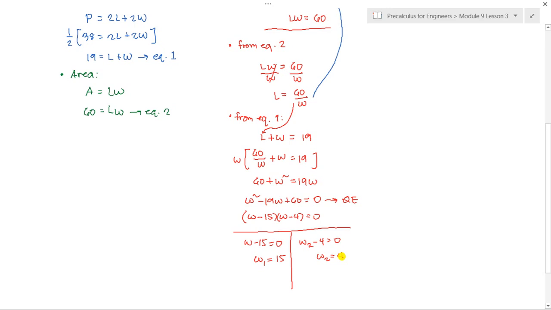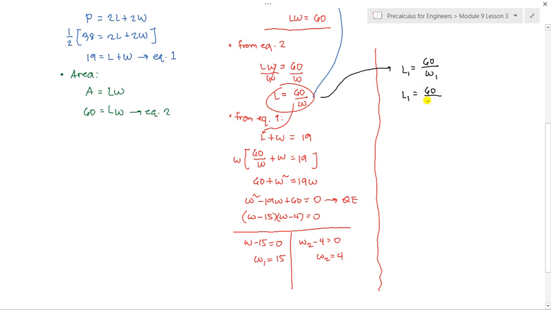So, since we have two values, we will substitute them into the expression for length. So, we have length 1 is equal to 60 over w1, which is 60 all over 15.